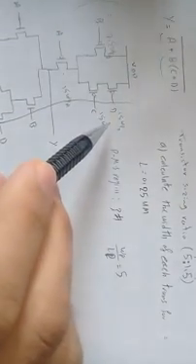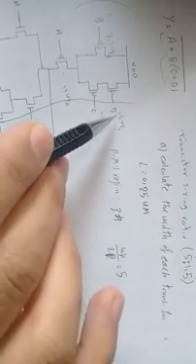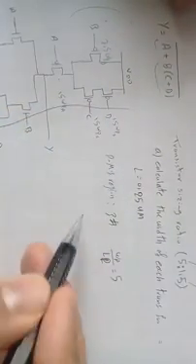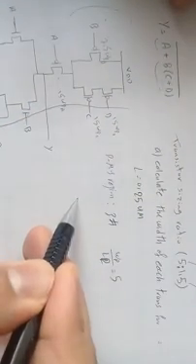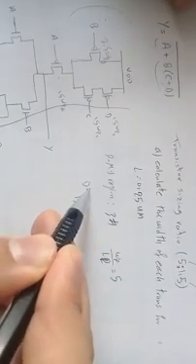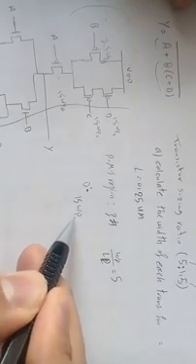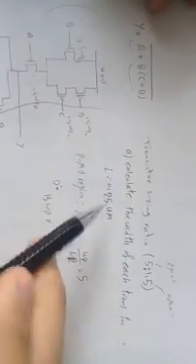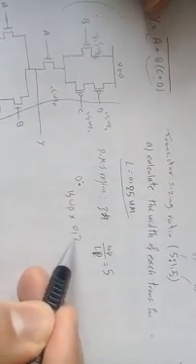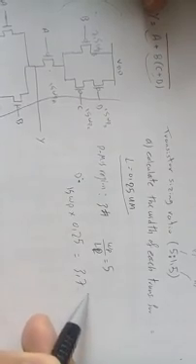Now to find the final value for sizing, just multiply for each transistor. Let's take D: just multiply 15 omega P by the length that's given in the question, that means 0.25. It will be equal to 3.75.